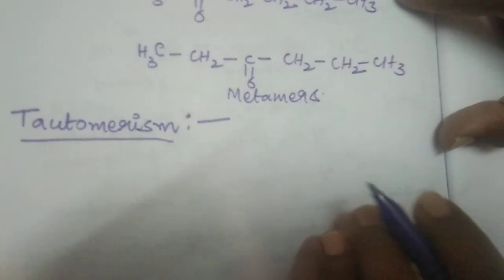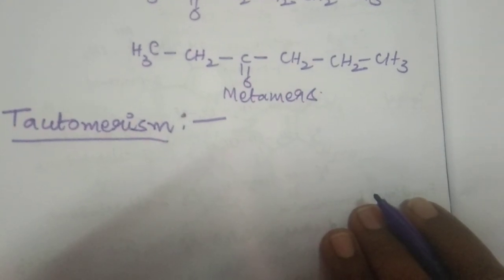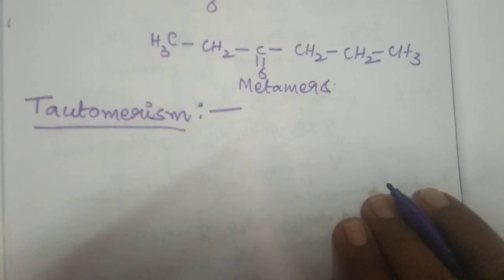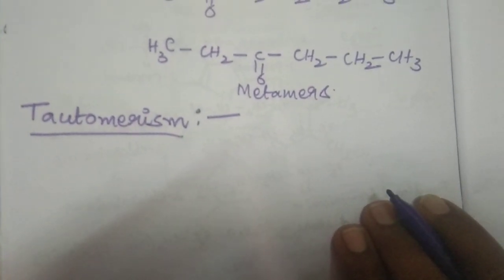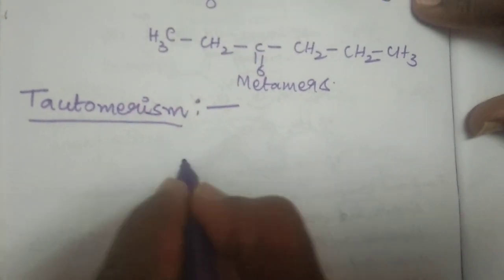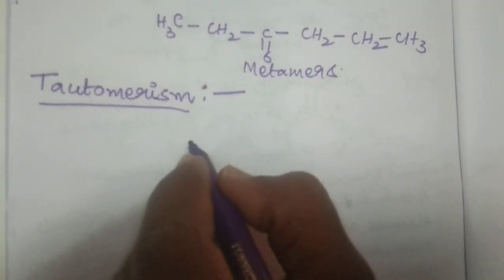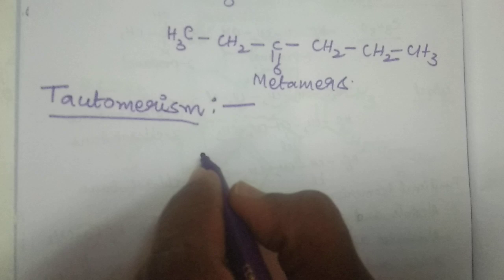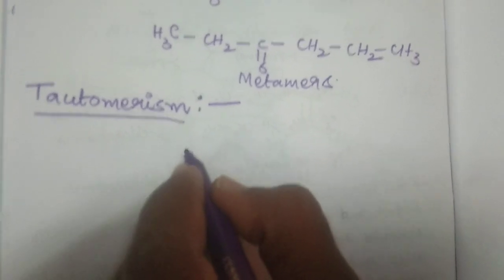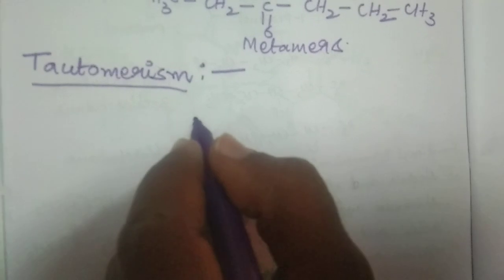Tautomerism, this type of isomerism occurs where the same structure can exist in two functional groups by interconverting.